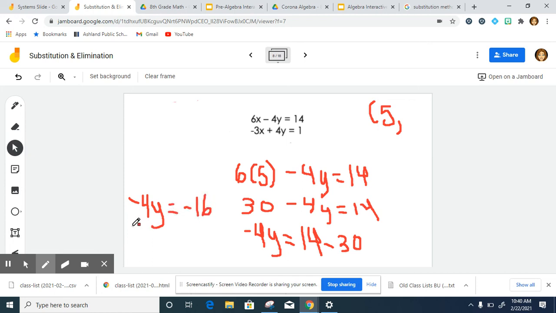Now if we divide by negative 4, we know that y equals 4. So we can put that into our solution, that y equals 4. So our solution to this system would be (5, 4). If you graph these equations, the two lines would cross at this point.